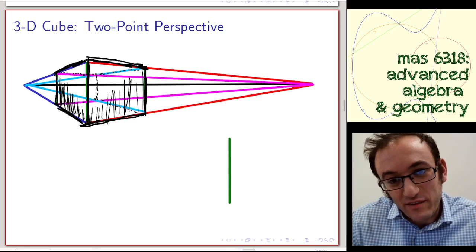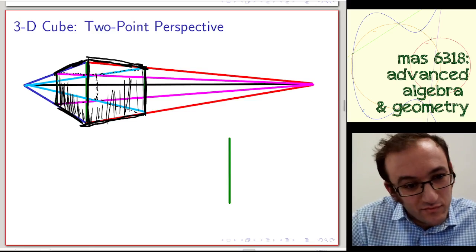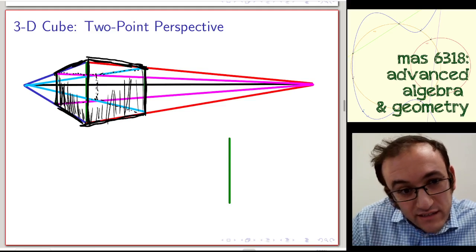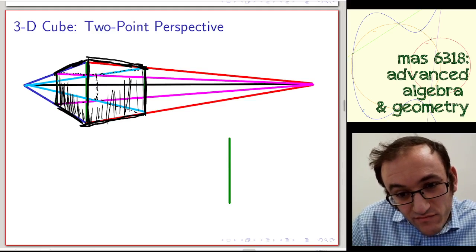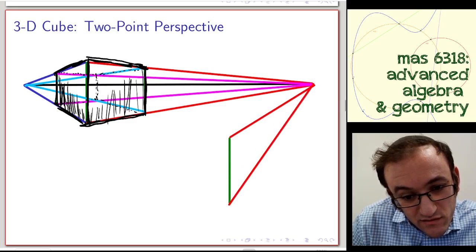Now we can do the same thing with the other one. So we'll connect here to here.